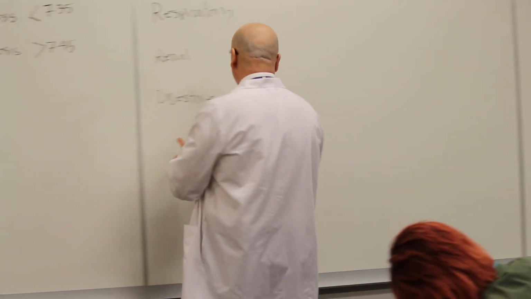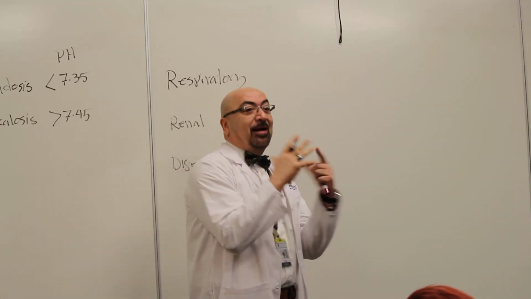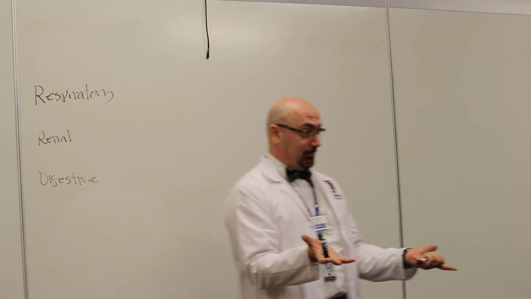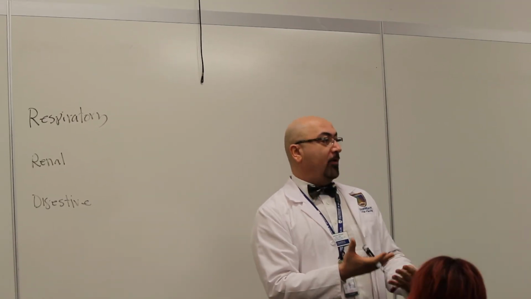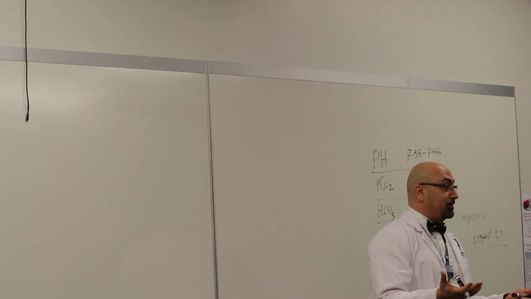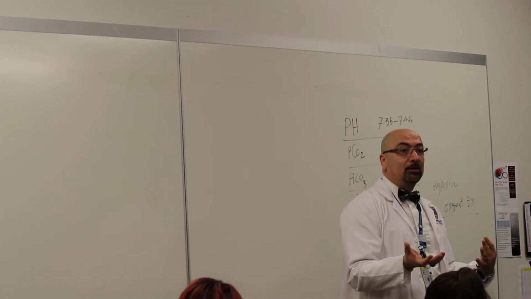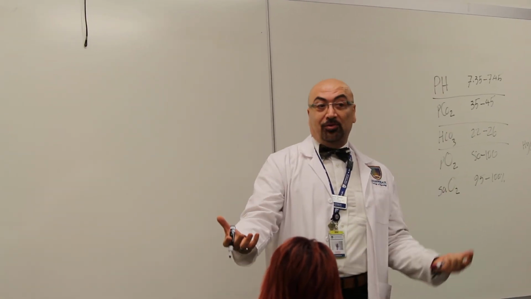So, what I need you to focus on is this. Since we're going to have two versions of acidosis and alkalosis, when you say respiratory, and you think about the function of the respiratory system, you're dealing with what? Gas exchange. Oxygen versus carbon dioxide. And they have this inverse relationship. So by knowing one, you can predict the other one.